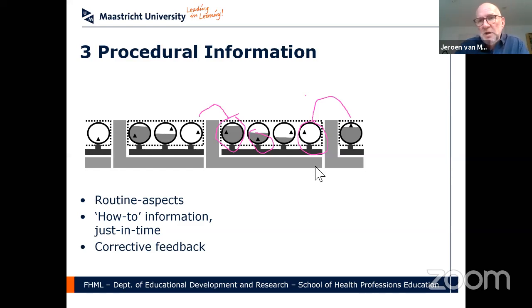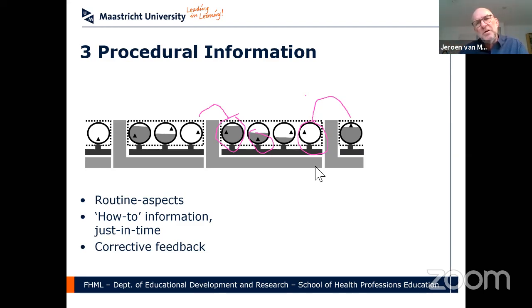It's how-to information specifying how to perform the routine. And in contrast to supportive information, that's best presented in a book or in a lecture, the procedural information is best presented just in time, while students are performing the task.